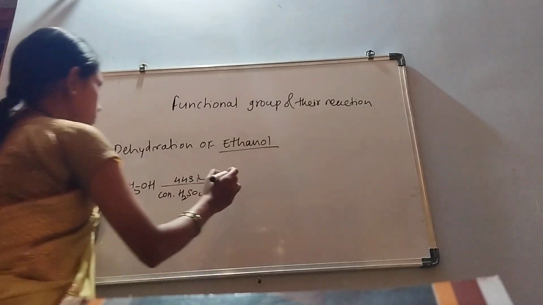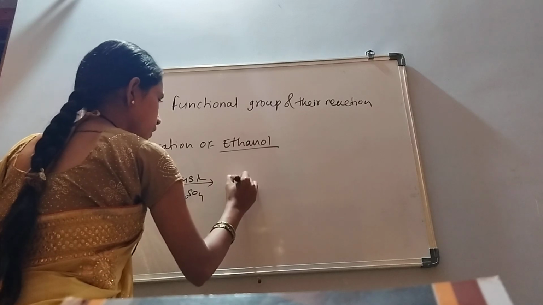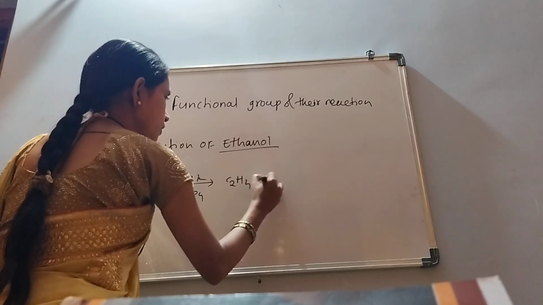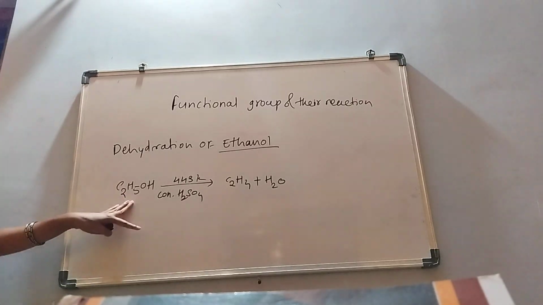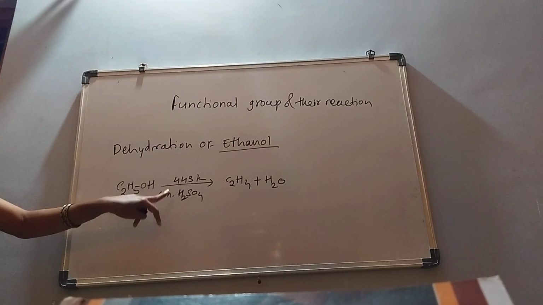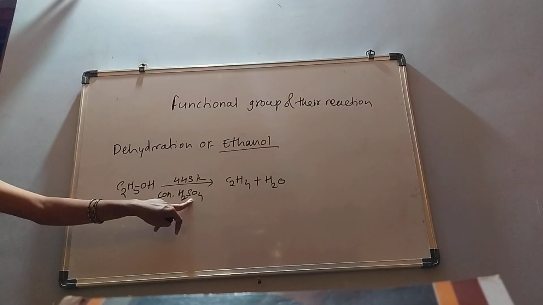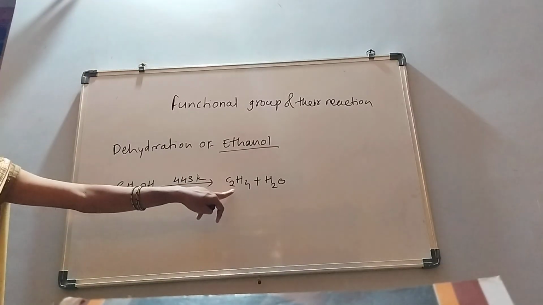We are getting C2H4, that is ethene, plus H2O. So this is called dehydration of ethanol.